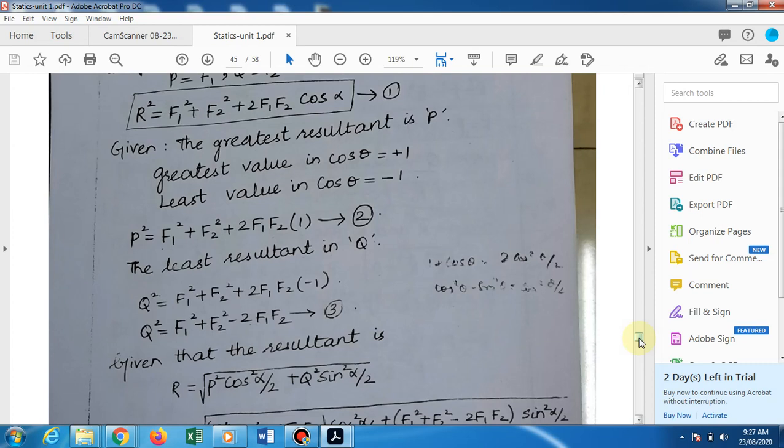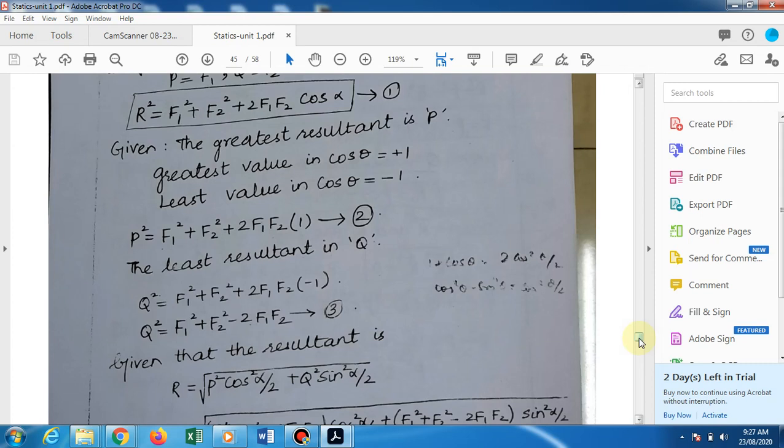So you are getting the second equation. The least resultant is Q, so Q square is equal to F1 square plus F2 square plus 2F1 F2 into minus 1. So Q square is equal to F1 square plus F2 square minus 2F1 F2. That is the third equation.